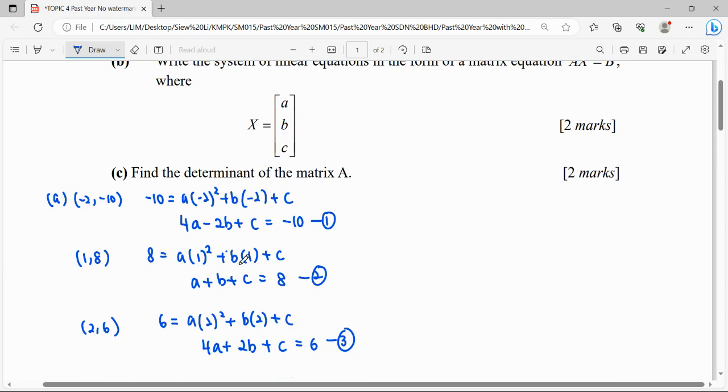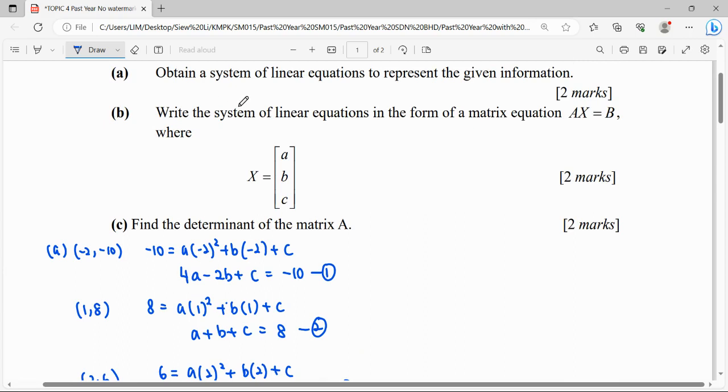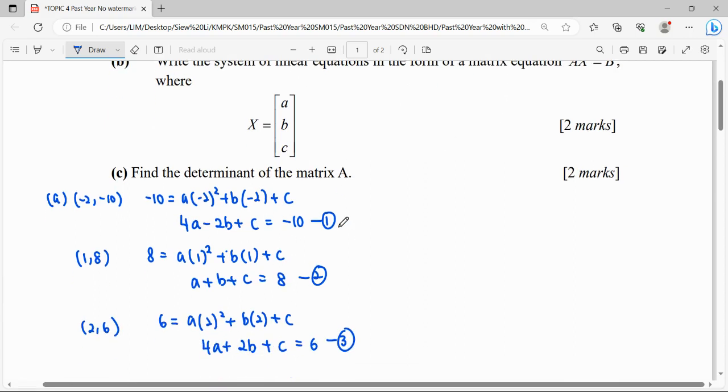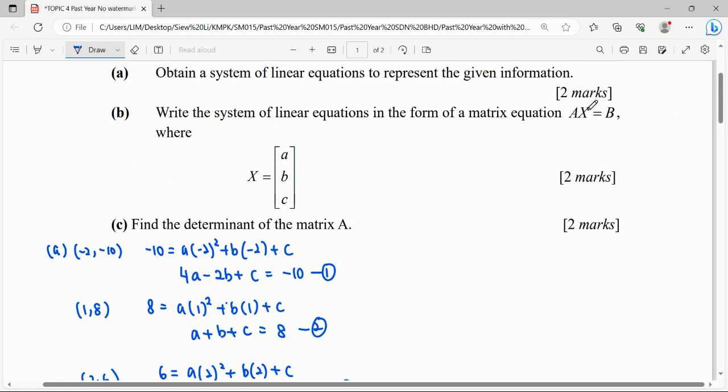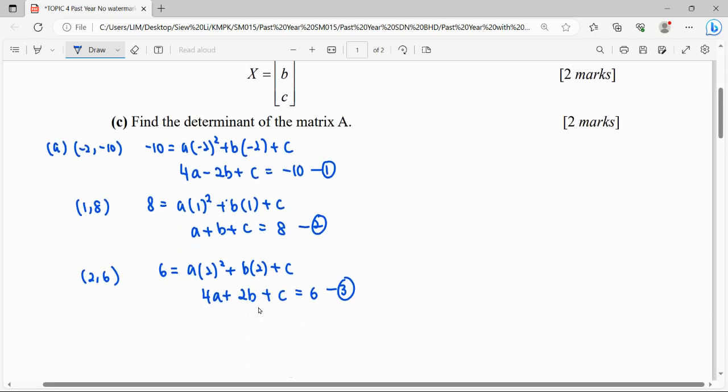Then for question B, they ask us to write the system of linear equations in the form of a matrix, where x is our unknown a, b, c. When you write in terms of a matrix, the coefficients will be our elements.